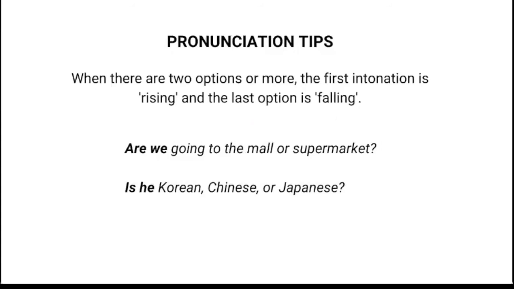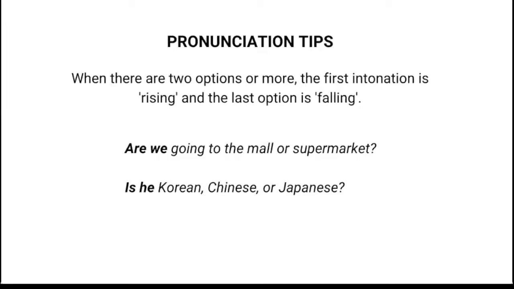Okay, so notice that the question, are we going to the mall, has a rising tone, but then, or the supermarket has a falling tone. So when there are two options or more, the first intonation is rising and the last option or intonation is falling.